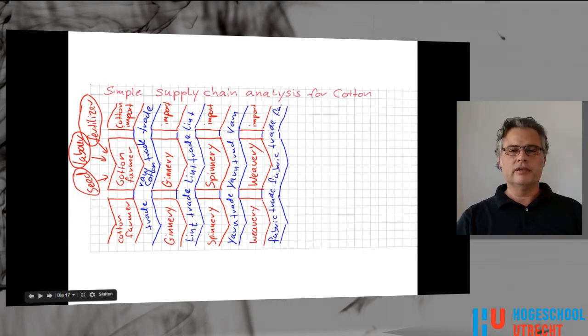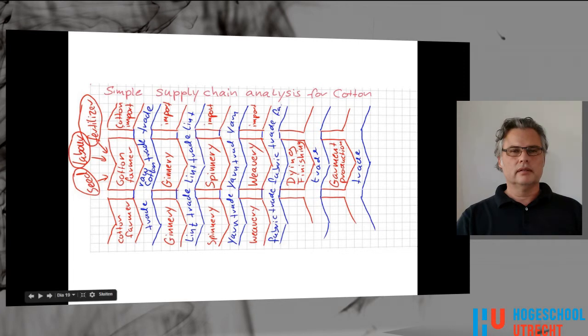And again, there's an international market for fabric. The next step is dyeing and finishing. The next step is garment production. The next step is distribution and retail. And finally, the consumers buy the end product.